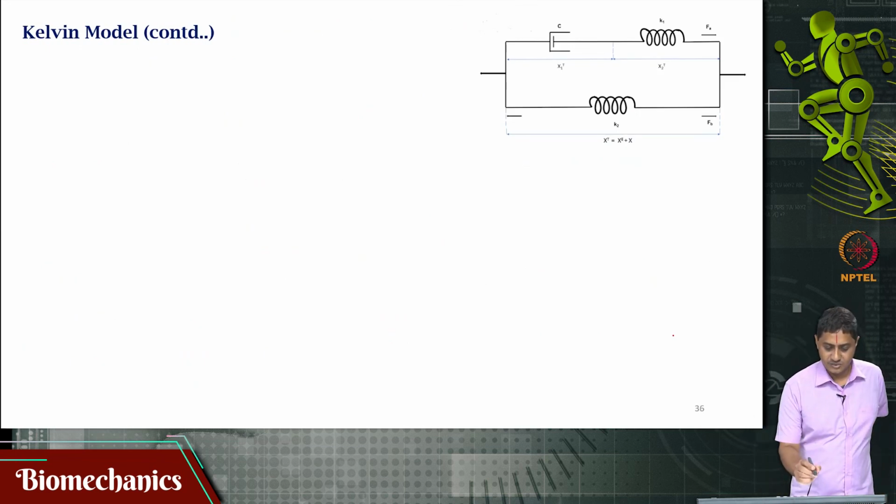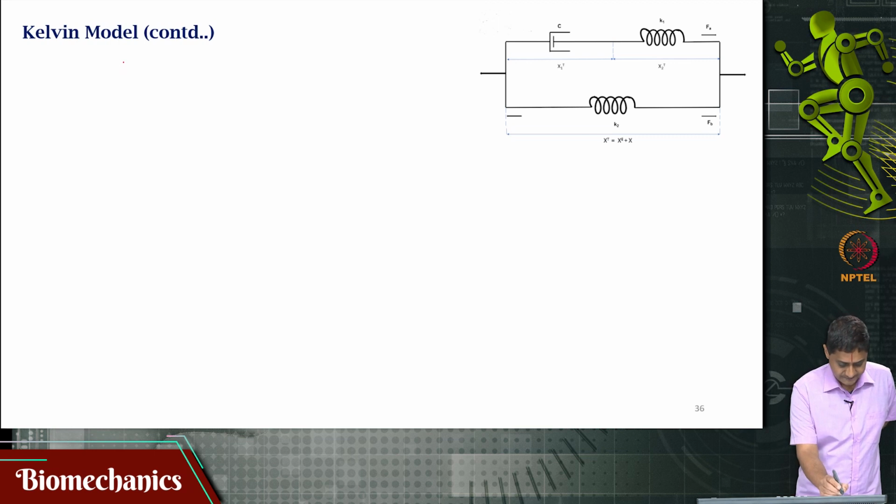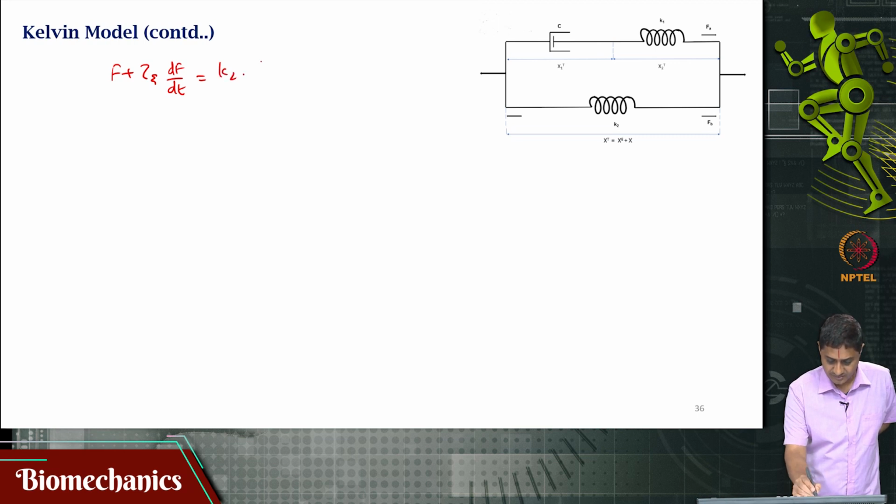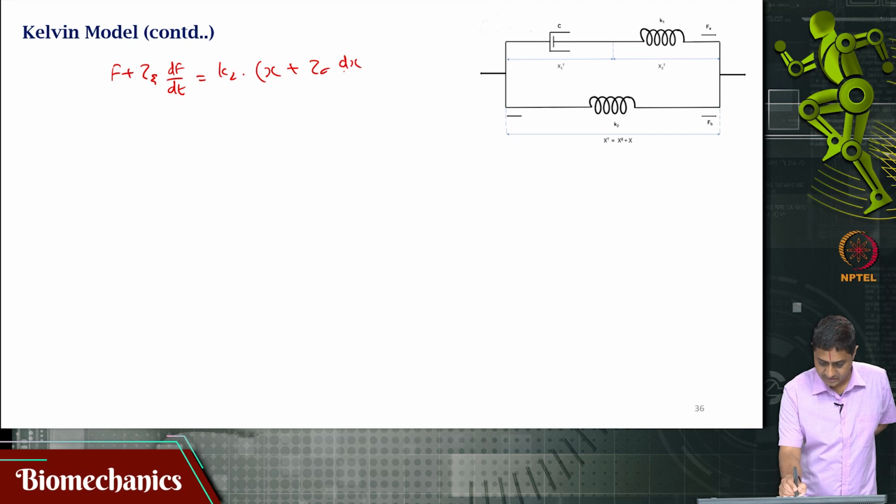Now, let us write out this expression between force and deformation again, so that we can continue the discussion. That is F plus tau epsilon dF by dt is equal to K2 times x plus tau sigma dx by dt.